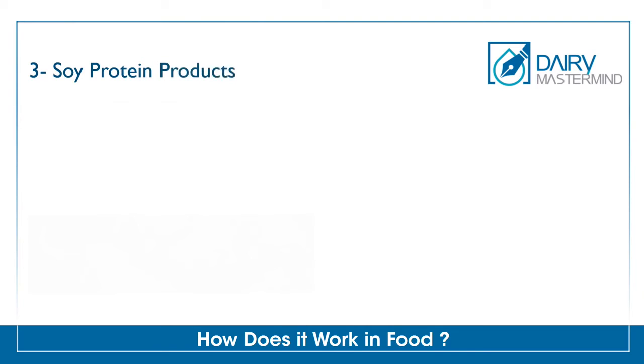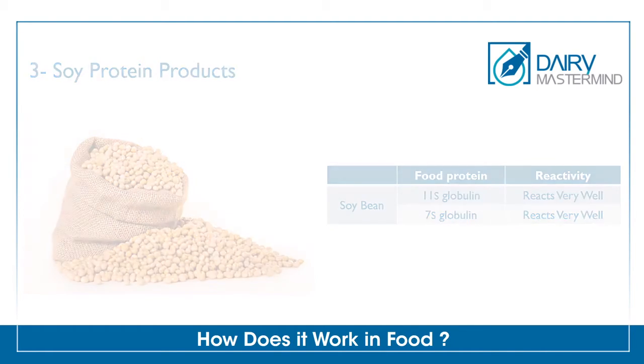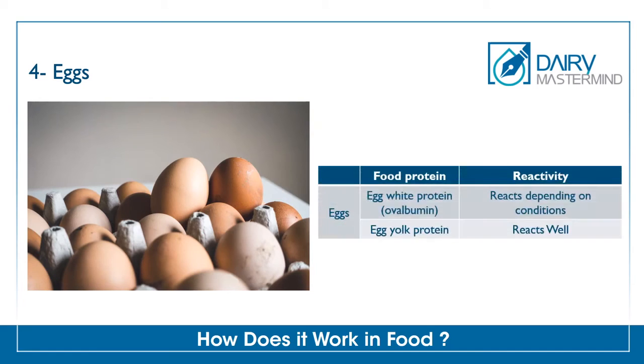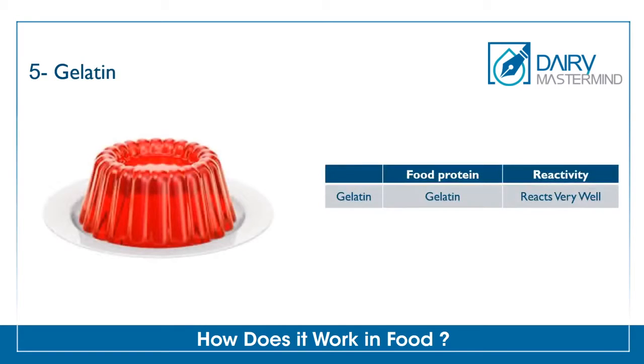In soy protein products, globulin reacts very well with TG enzyme. Number 4. In eggs, egg yolk protein reacts well, and egg white protein reacts depending on conditions. Number 5. Gelatin protein reacts very well with TG enzyme.